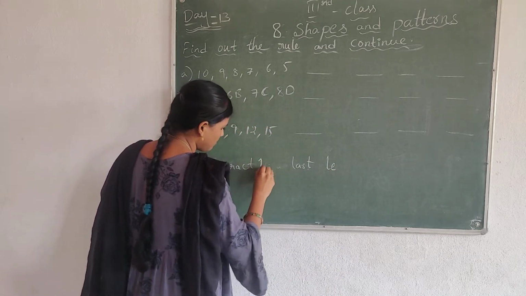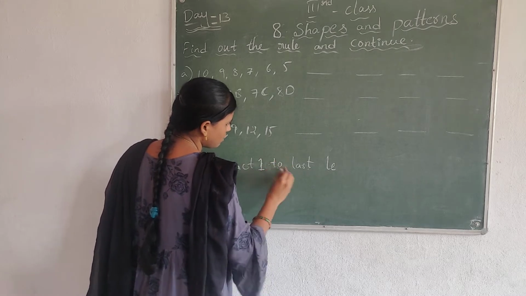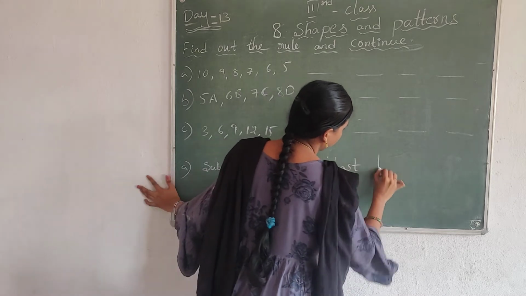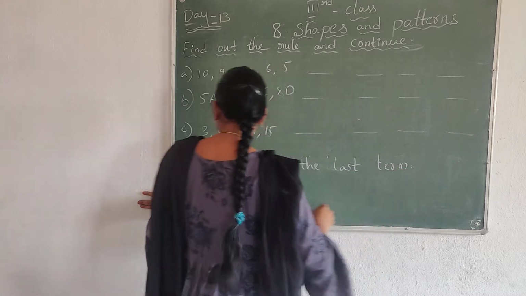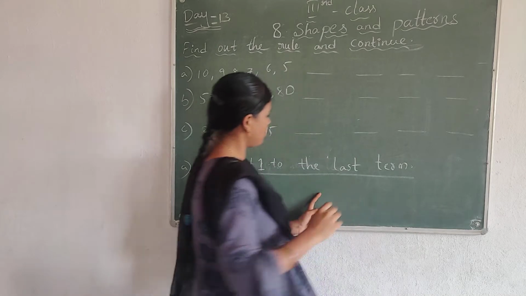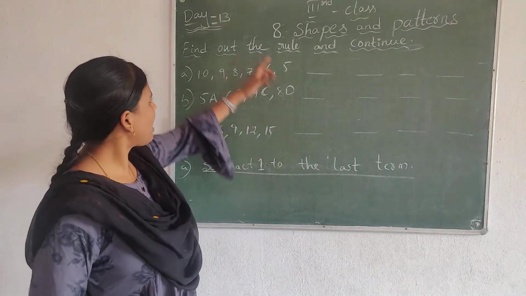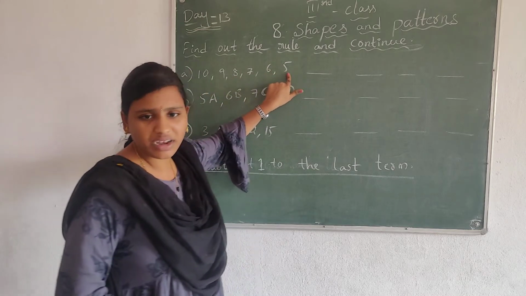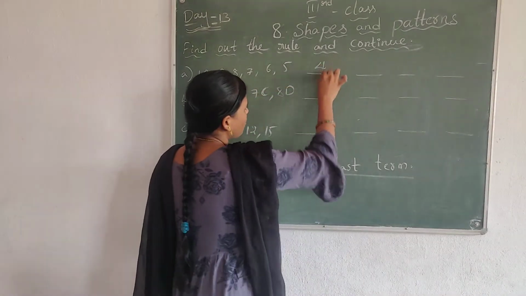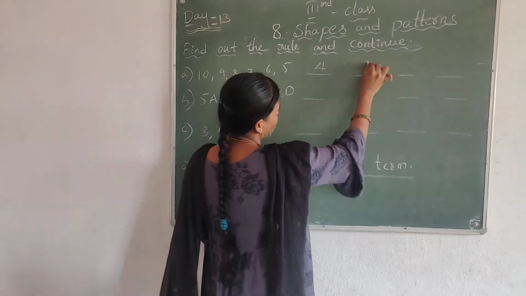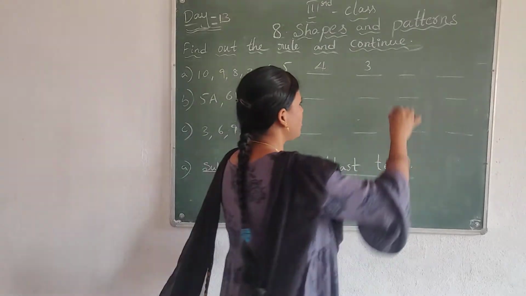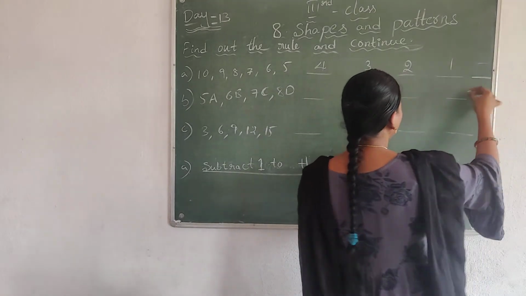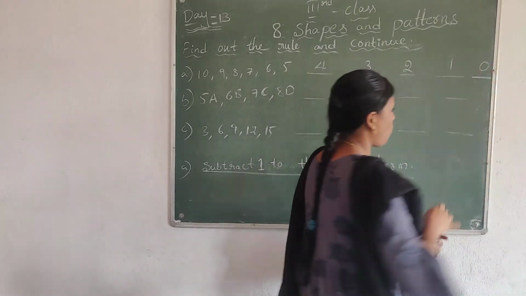Subtract 1 from the last number. 10, 9, 8, 7, 6, 5. 5 minus 1 is 4. 4 minus 1 is 3. 3 minus 1 is 2. 2 minus 1 is 1. If you want another, 1 minus 1 is 0.